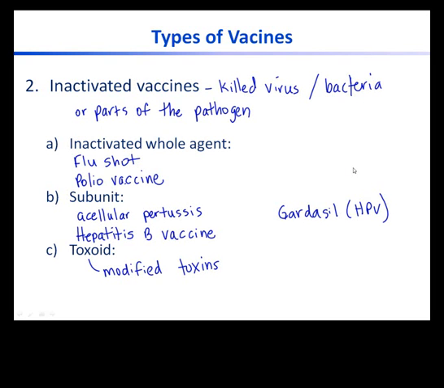The benefit of a toxoid vaccine is it stimulates the production of neutralizing antibodies, so that if you are infected and exposed to the toxin, you will already have circulating levels of antibodies against the toxin that will protect you from disease. Examples of toxoid vaccines are the diphtheria and tetanus vaccines.